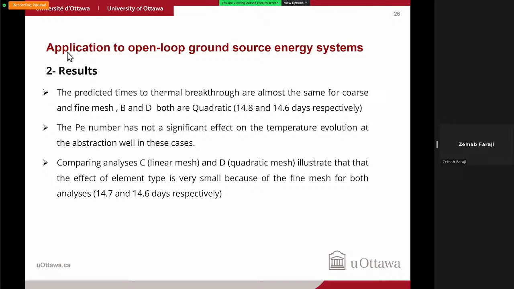The Peclet number does not have a significant effect on the temperature evolution at the abstraction well in this case, especially when we're using the fine mesh. And comparing analysis C, which was linear, with D, which was quadratic, illustrates that the effect of element type is very small when we have a fine mesh in both analyses.